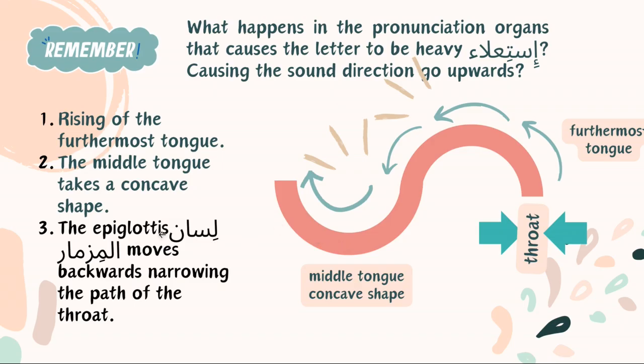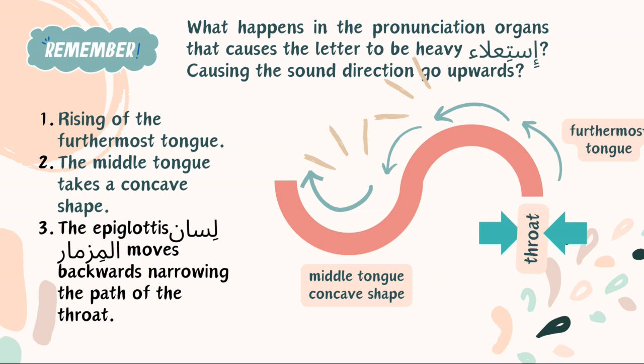And then the epiglottis, lisan al-mizmar, moves backwards and narrows the path of the throat. So what happens to the sound? It runs upwards, upwards, upwards, and it makes an echo in the mouth, and then it dives downward with the middle part of the tongue, and this elevates the whole sound of the letter. Now, which of these two letters is elevated?